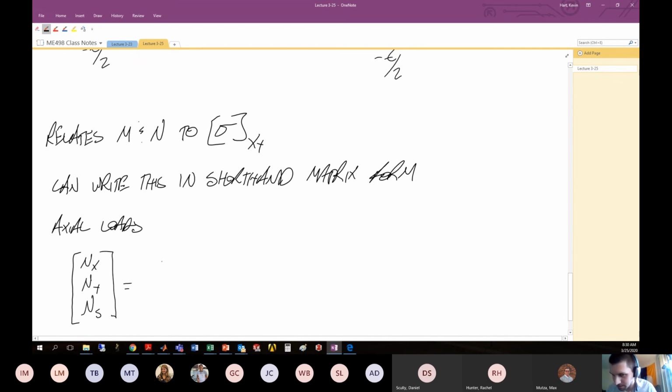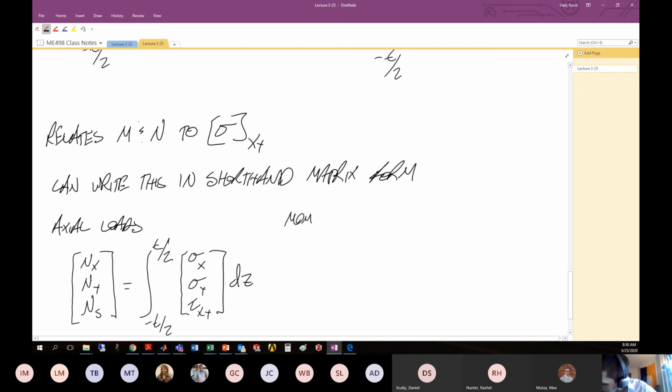This is equal to the integral from negative T on 2 to T on 2 of the matrix, which would be sigma x, sigma y, tau xy, dz. All right, so this is relating axial loads to stresses which are developed in the piece.